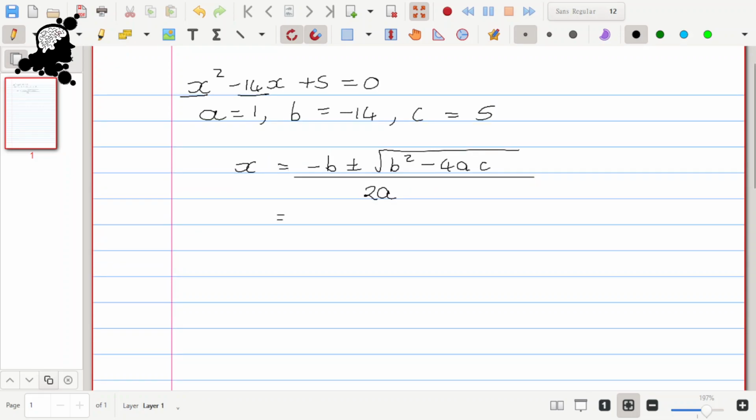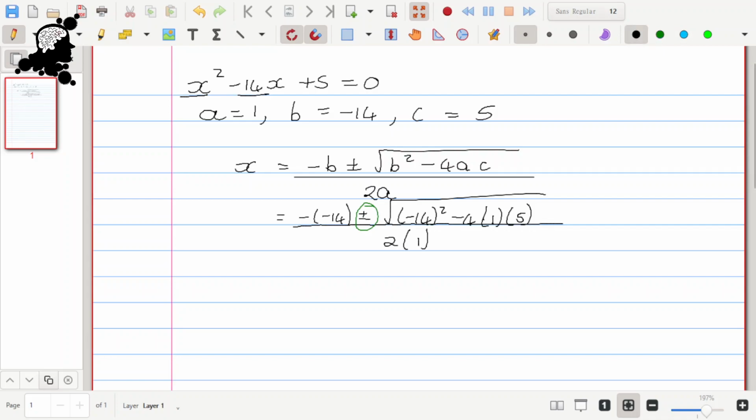So we have -14 plus or minus the square root of, this is going to be -14 squared minus 4 into the value of a, which is 1, the value of c is 5, all over 2 times the value of a, which is 1.